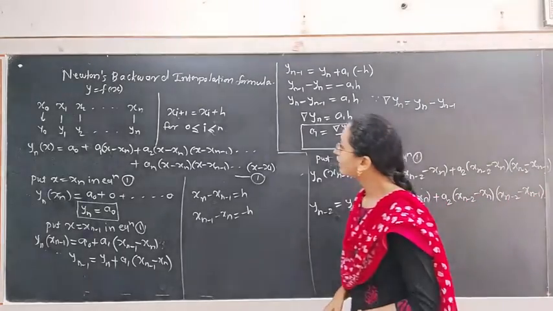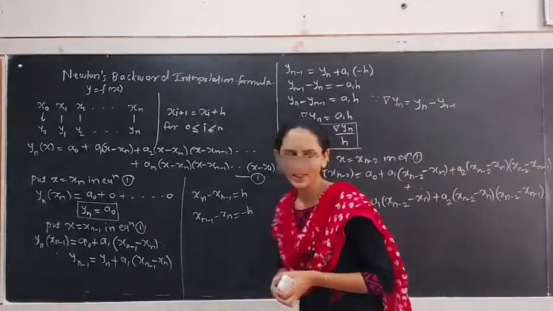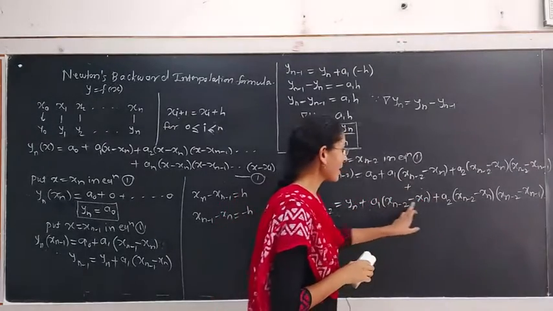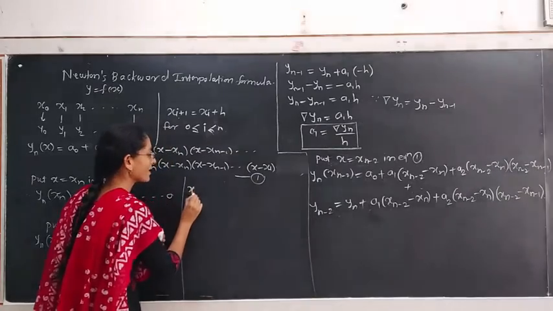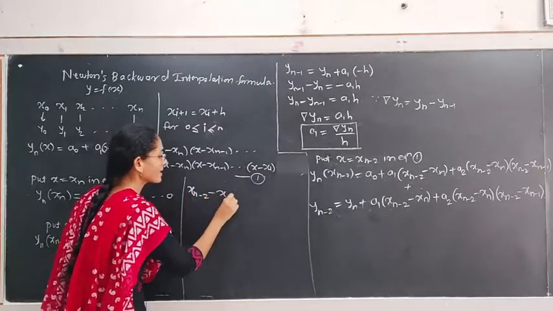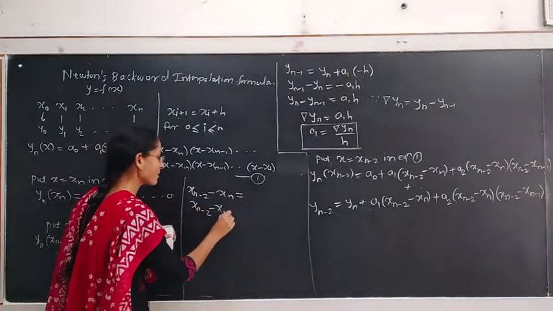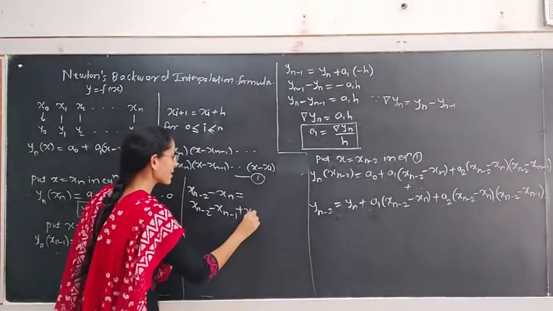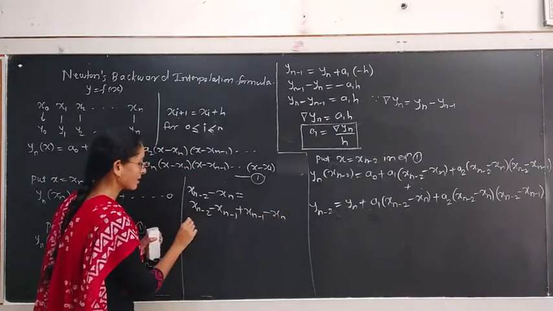See, the values of x_{i+1} are x_i plus h. We want these differences: x_{n-2} - x_n can be written as x_{n-2} - x_{n-1} plus x_{n-1} - x_n.